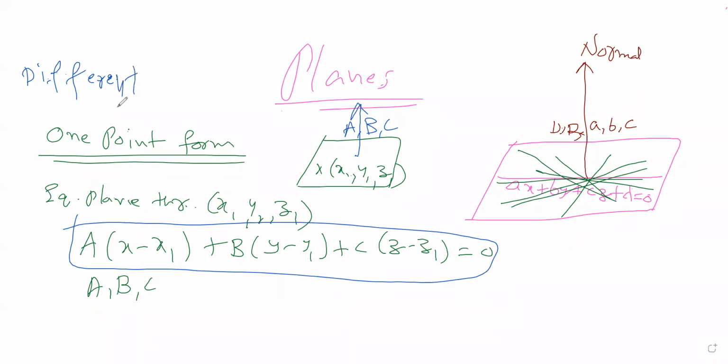The first form is the one point form. Another very important form is the intercept form.